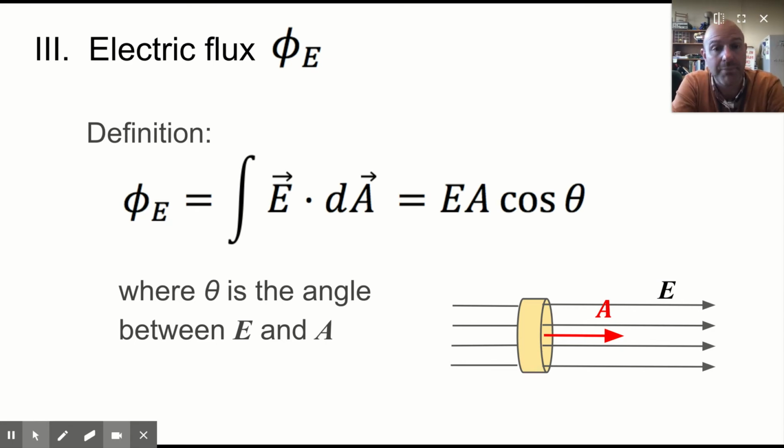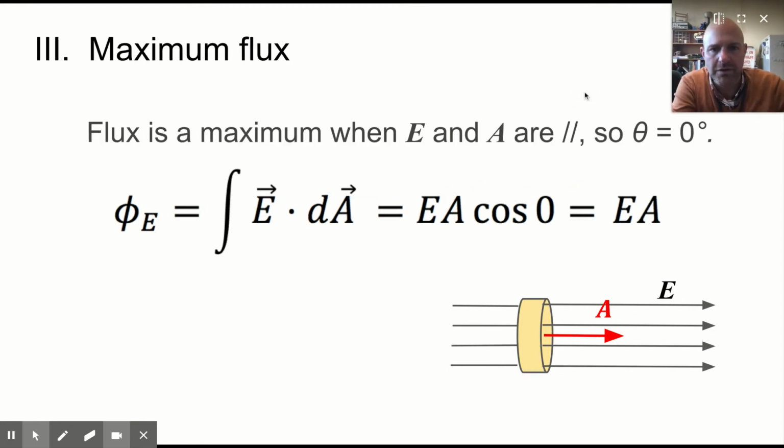And of course, the dot product means that it's the electric field strength times the area that you're going through times the cosine of theta, and that is the angle between the electric field vector and the area vector. When they're both in the same direction, obviously we get our maximum for cosine. Flux is maximum when E and A are parallel, so theta is 0.